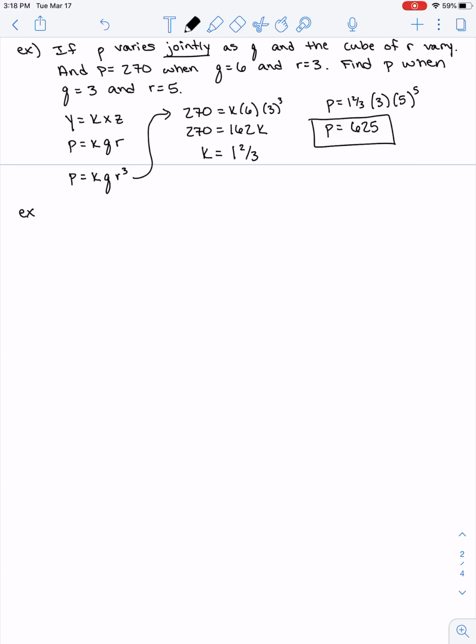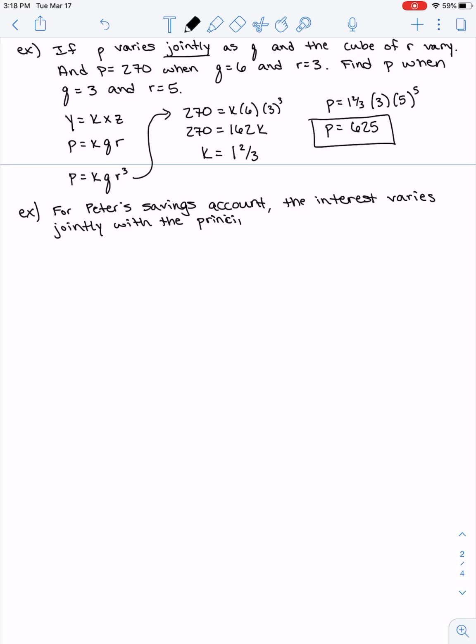Okay, another example. If I said, for Peter's savings account, the interest varies jointly with the principal, which is the initial amount, and amount of time in years.